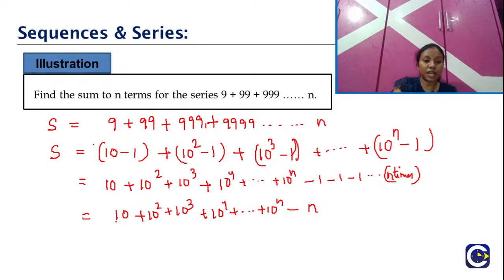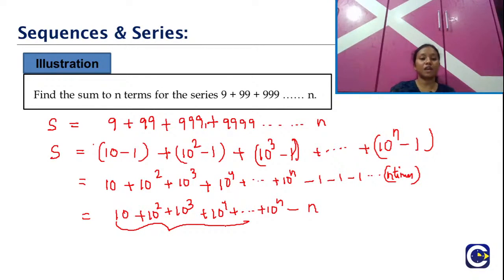So now if we try and separate this as a separate term, we can identify that they are in our geometric progression. So now we can apply our formula of geometric progression, that is the sum of the terms, and we can get the answer here.